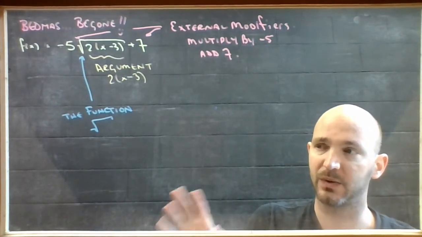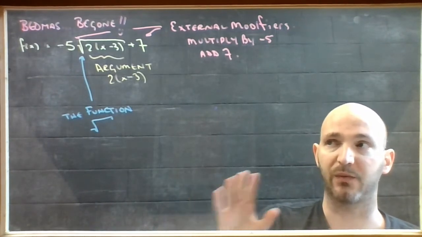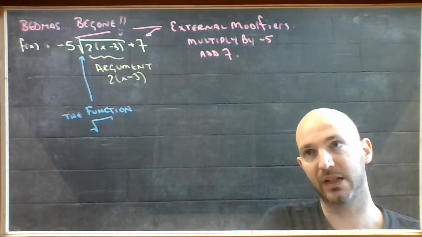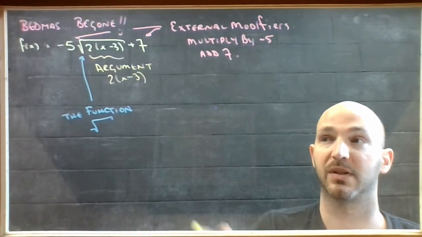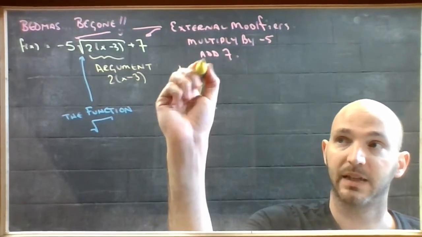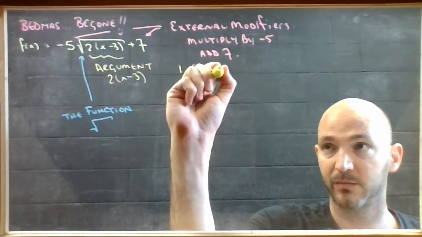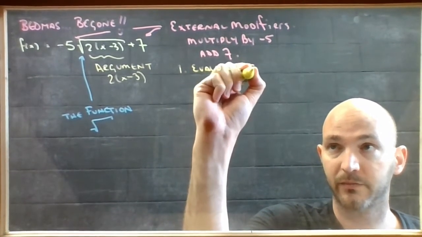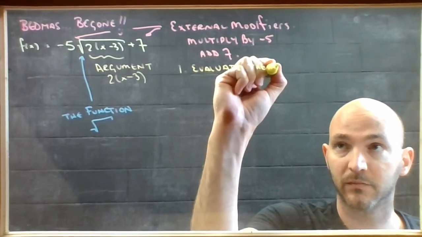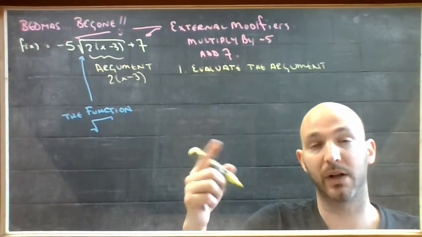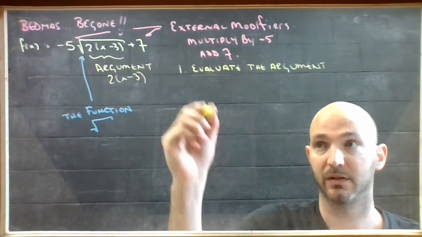So what we're going to do then is reframe BEDMAS in terms of these 3 bits. The first thing you need to do whenever you're trying to reduce an expression, number 1, is evaluate the argument. So you figure out what number is going to go into the function.